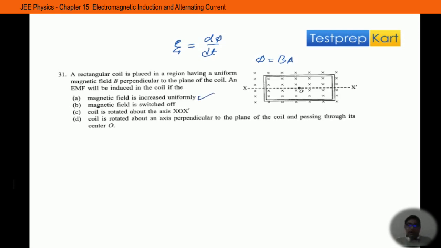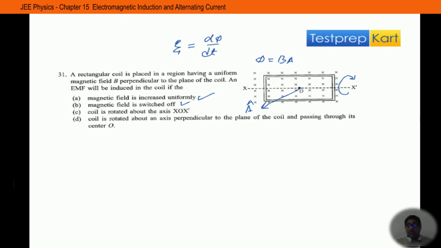Second, the magnetic field is switched off. So again, if the magnetic field is reducing to zero, then there is a change in magnetic field. So again, there will be a change in flux, so induced EMF will be there. And if this coil rotates, okay, the angle between the field vector and the area vector of this coil will change.